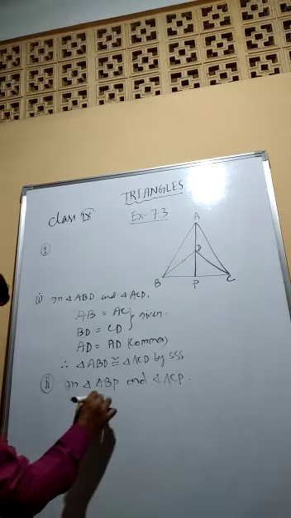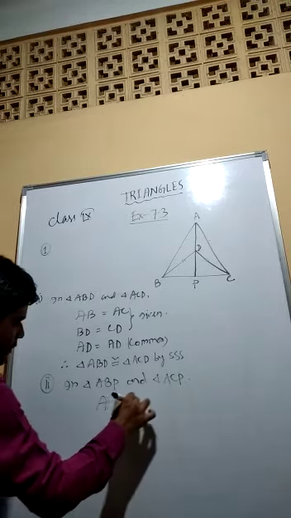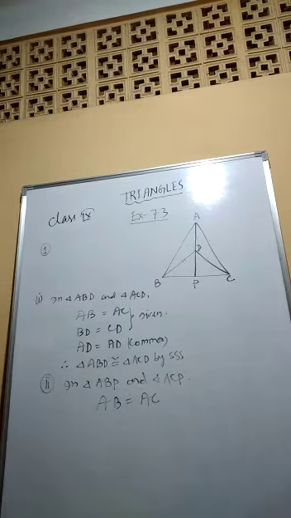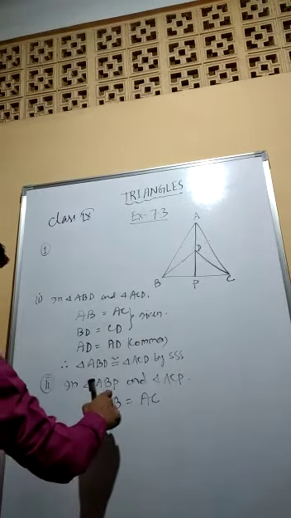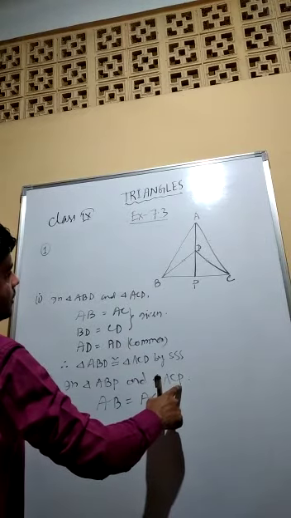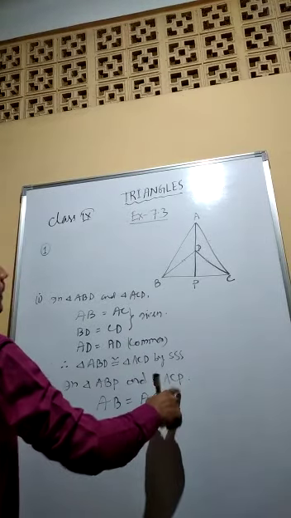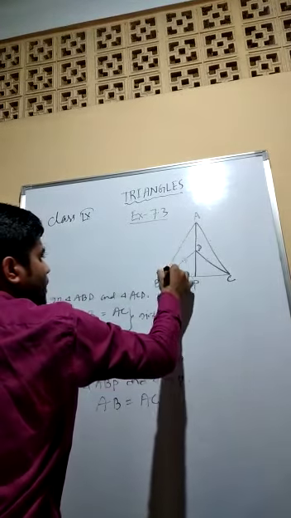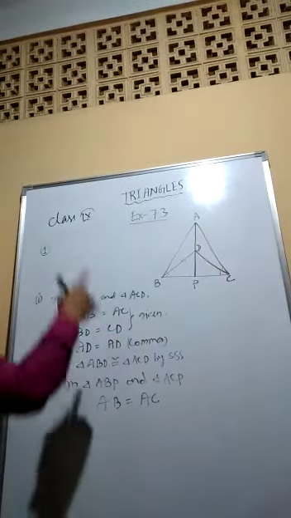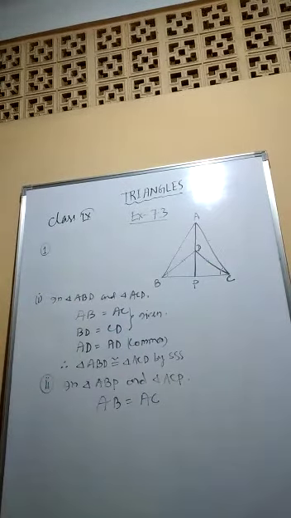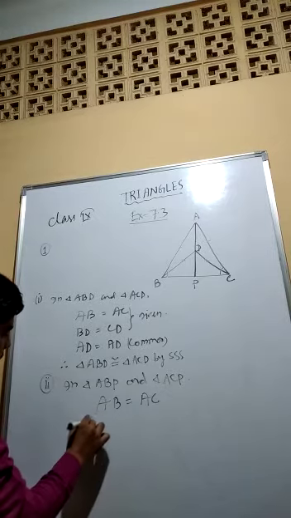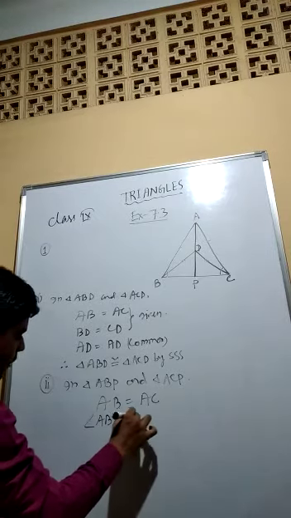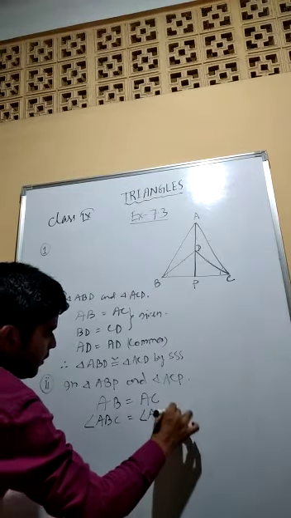So obviously AB equals AC. And moreover, you see ABP and ACP, these two angles are equal or not? Why? Because ABC is an isosceles triangle. So here easily we can write angle ABP equals angle ACP.